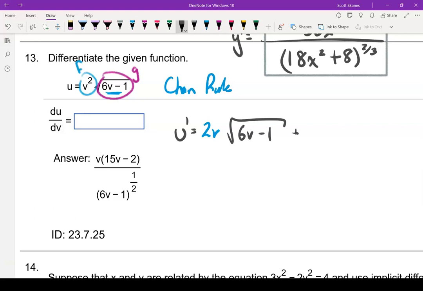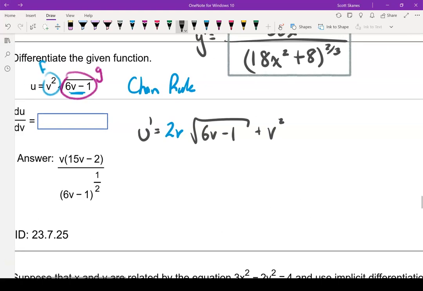Plus the first one as it is, v squared, and then the derivative of the second one is going to be a half comes down, keep the inside the same, reduce the power by 1, and then the derivative of the inside. This is the hardest thing for a lot of students, they forget to get the derivative of this, which gives a 6.